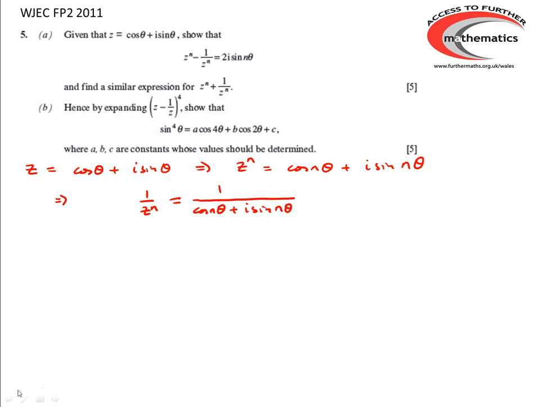And we know how to divide 1 by a complex number. We need to multiply the top by the complex conjugate of the denominator and multiply the bottom by the complex conjugate of the denominator.